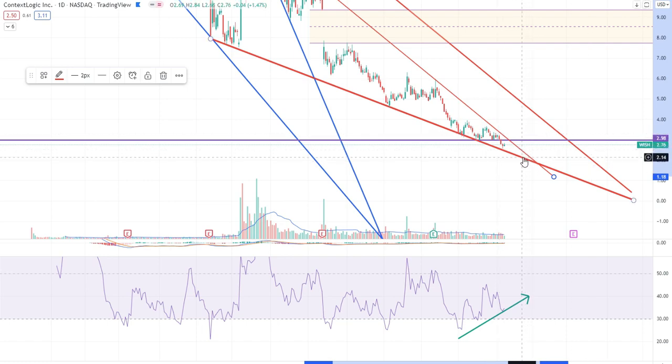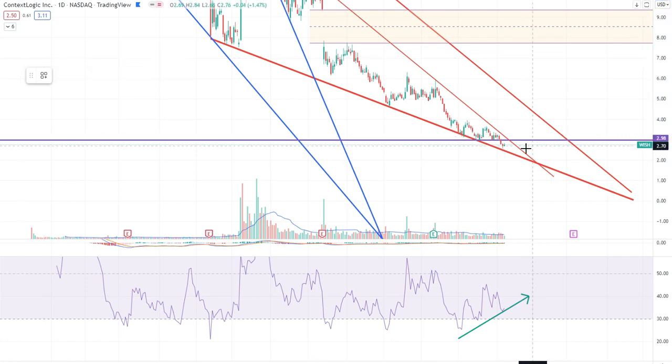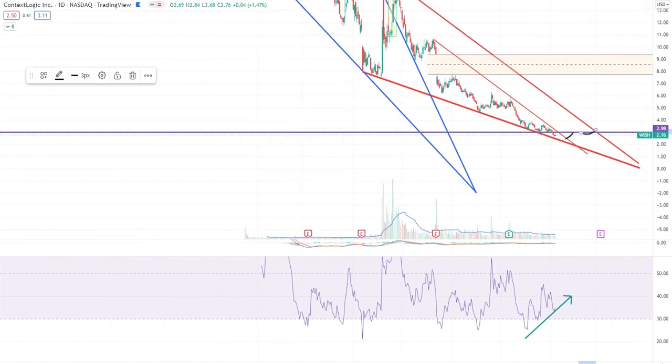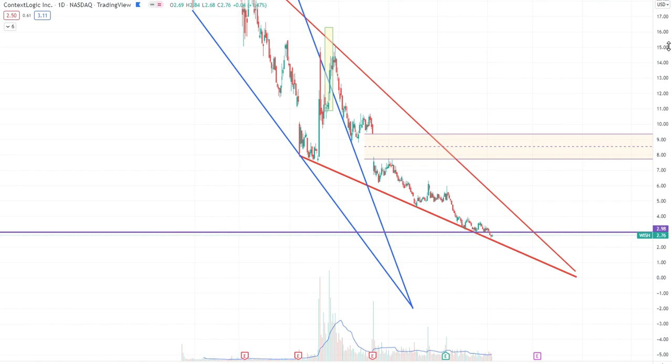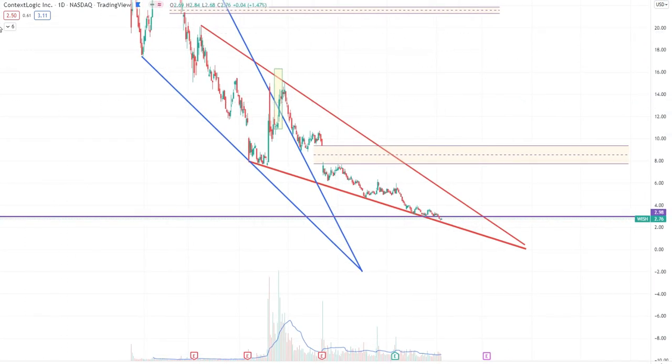So in my opinion, before the end of January, we will be seeing a strong action in volumes, a breakout upward of this wedge here, trying to recover the $3, and then another attack on this bigger red descending wedge. In my opinion, and again, this is just my opinion, when Wish attacks the red descending wedge that you see here, this movement will be pretty aggressive.